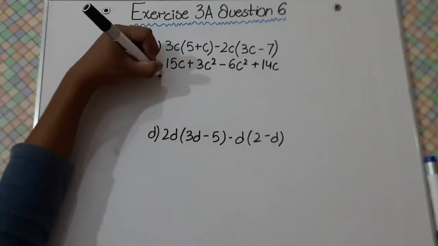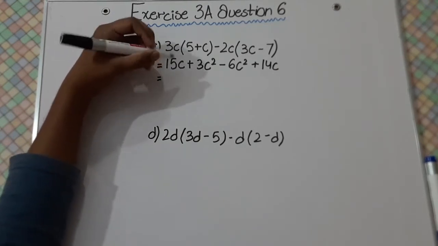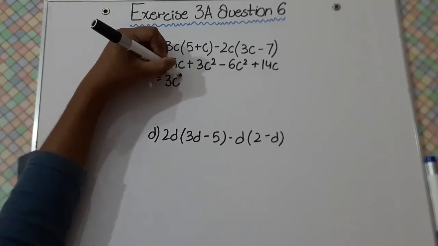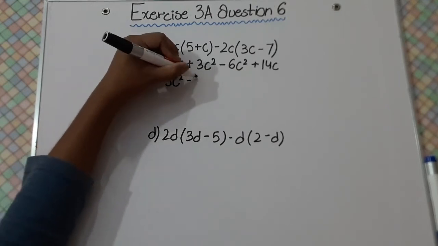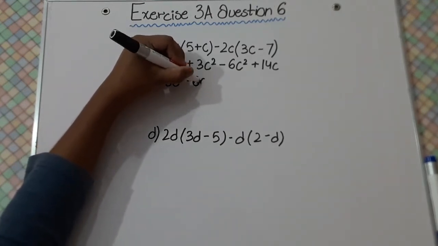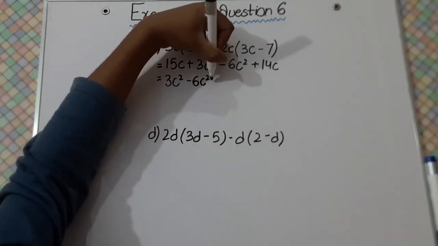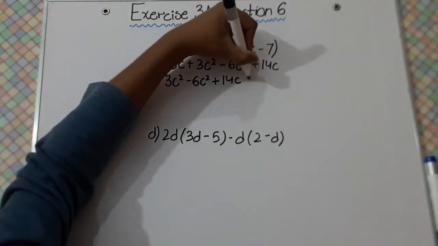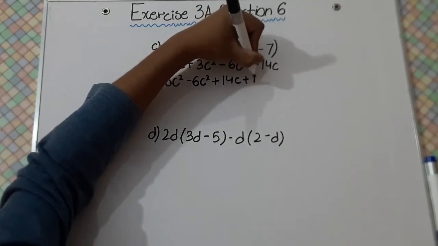Now we are going to take the common. First 3c square would be shifted over here, and then minus 6c square, and then 14c and plus 15c.